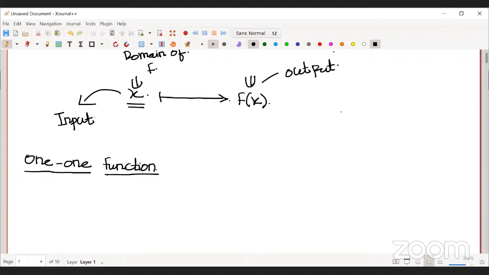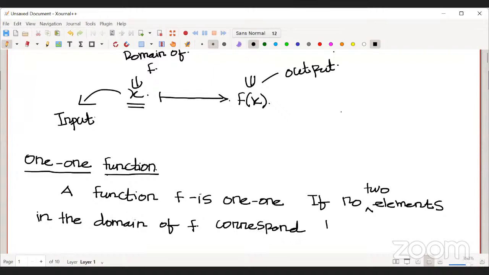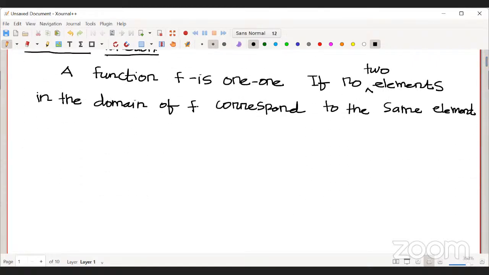If I have a map, a function, just stop me if you have some doubt. A function F is one-to-one if no two elements in the domain of F correspond to the same element in the codomain.